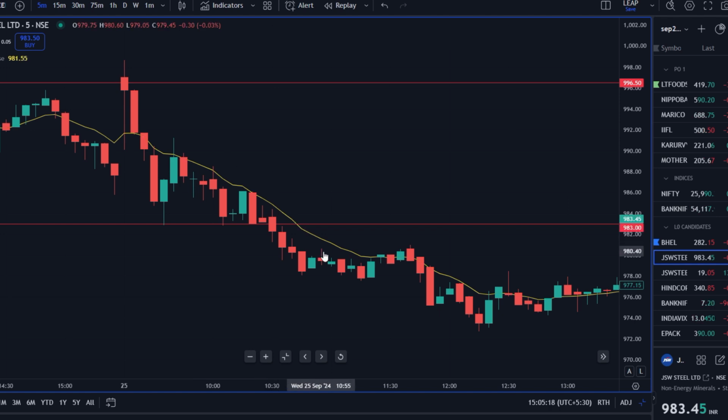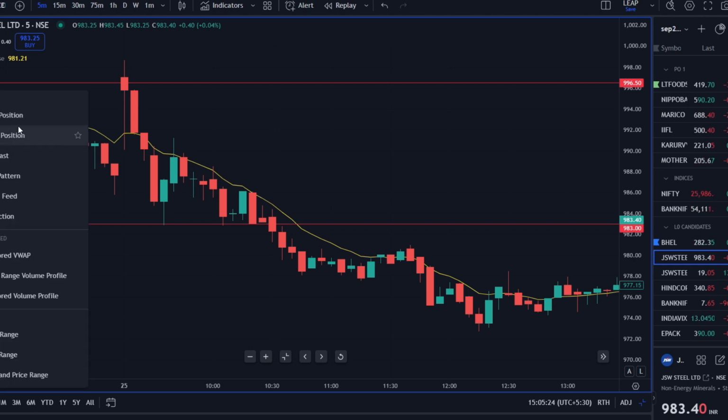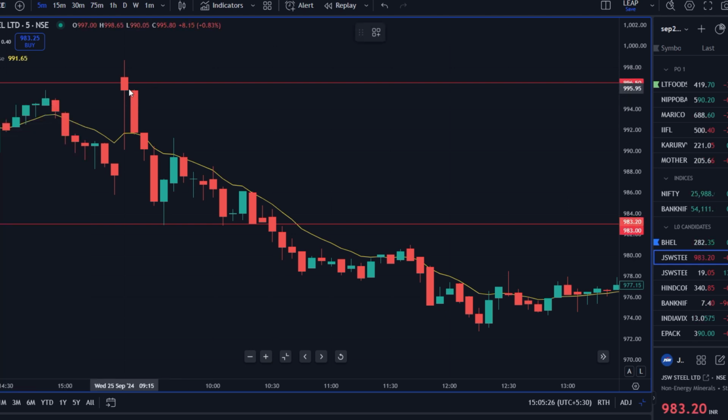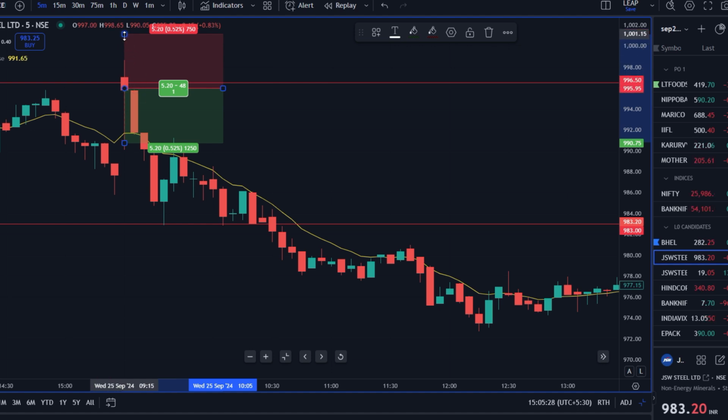Anyway, that doesn't matter. So the trade was very successful, and in terms of risk reward, you can see the candlesticks' efficiency when you calculate the risk reward for the first trade.